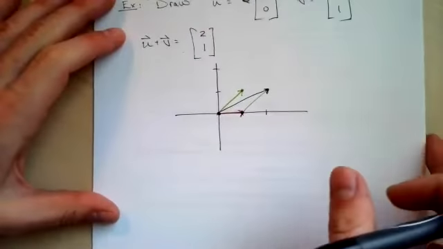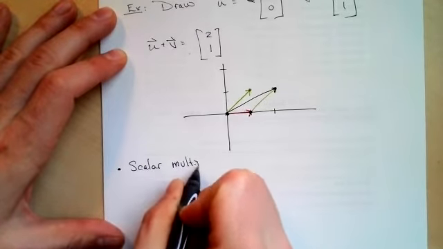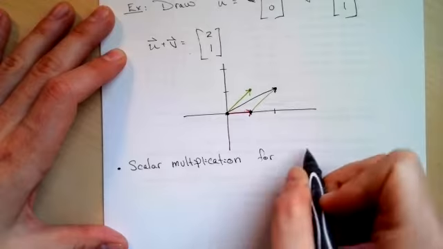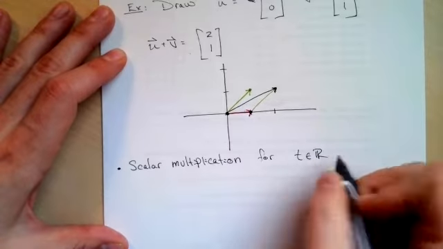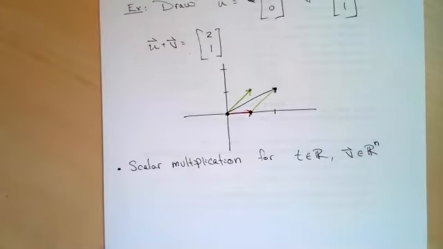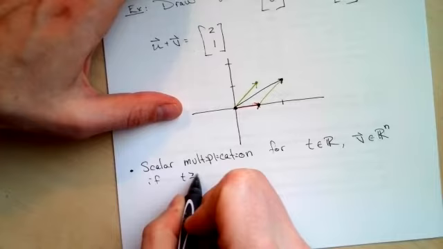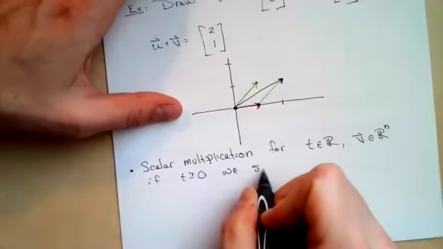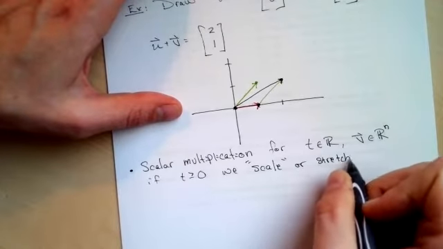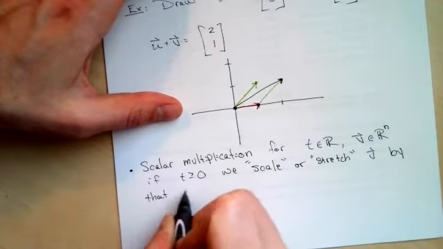In terms of scalar multiplication, for a real number t and some vector v of dimension n, if t is positive or 0, we scale or stretch v by that factor.